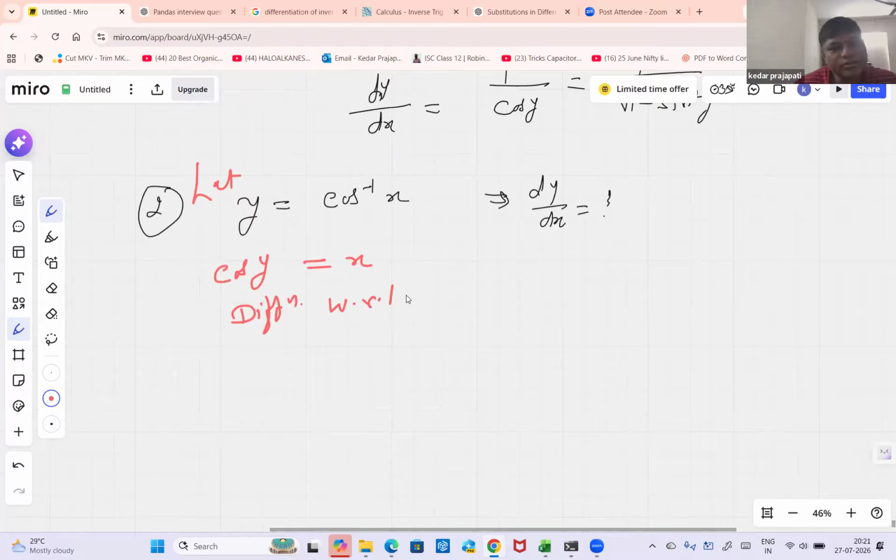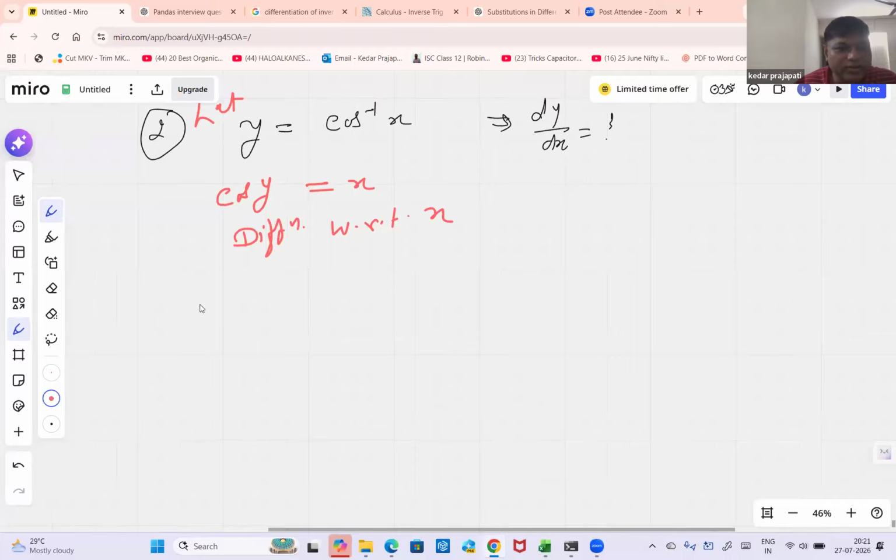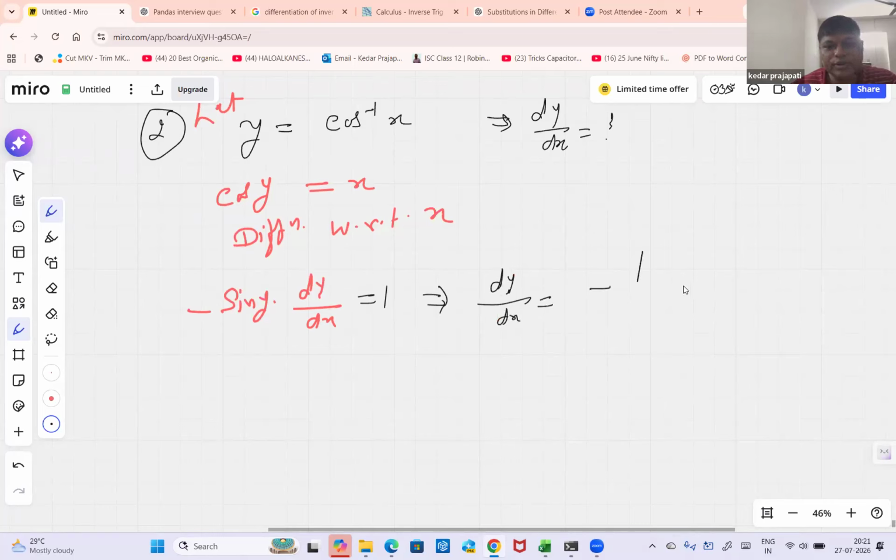Differentiating with respect to x. This will be minus sin y, and y differentiation dy by dx. Differentiation of x is 1. So, which implies dy by dx is minus 1 by sin y, correct?